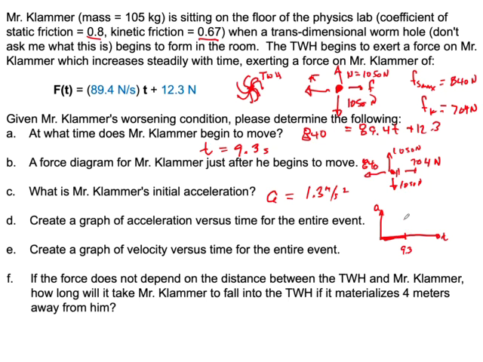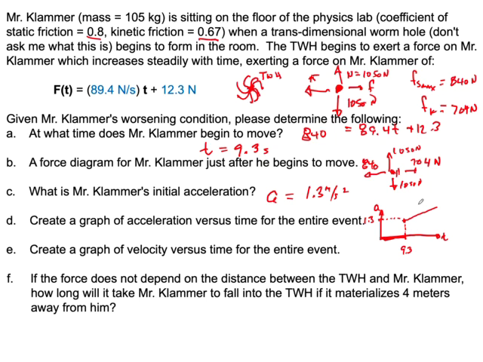And then suddenly at this point, it jumps up to this 1.3 meters per second squared. What happens after that? Well, because the force is increasing linearly with time, my acceleration will increase with time, something like this, with a little dot, dot, dot, right here, until I reach that 1.3 at that time.